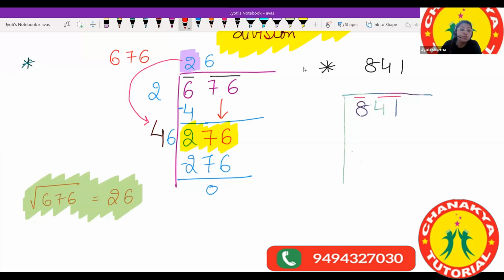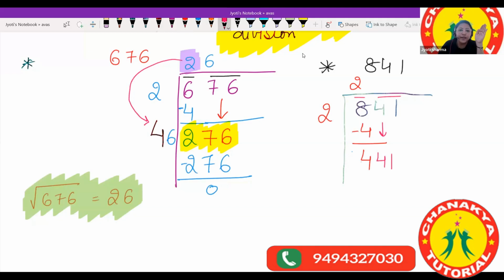If I do 2 twos are 4, 8 is bigger than that. If I do 3 threes are 9, then 9 is greater than 8. My problem is not solved with 3 threes are 9 because you cannot subtract 9 from 8. Then I will stay with 2 twos are 4. 8 minus 4 is 4. Now you will bring down the next pair, which is 41.